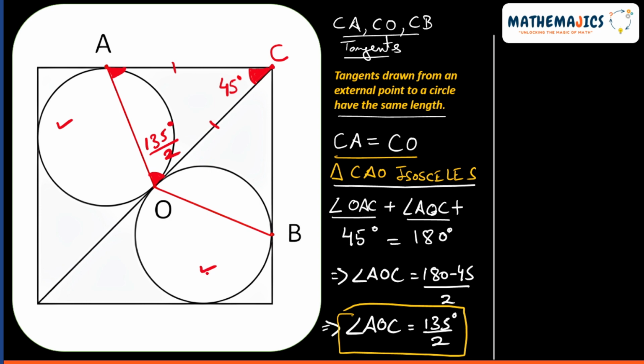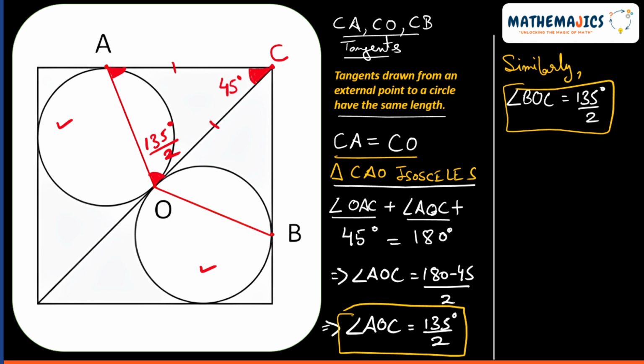The same thing will happen in the lower circle. That means similarly, angle BOC will be 135 degree by 2. Yes. So let's mark this in the figure. This angle will also be 135 degree by 2.